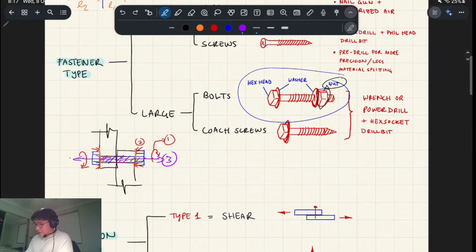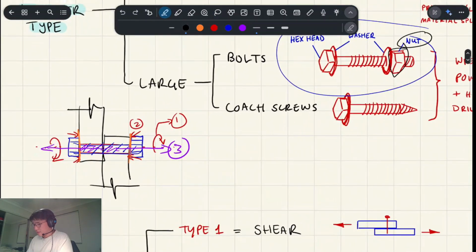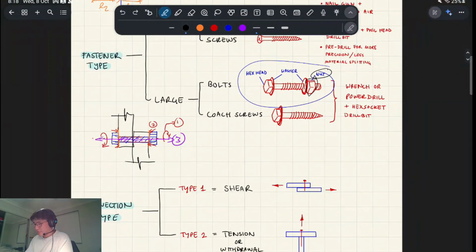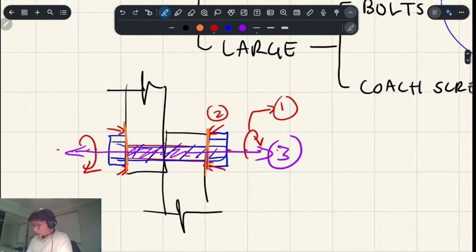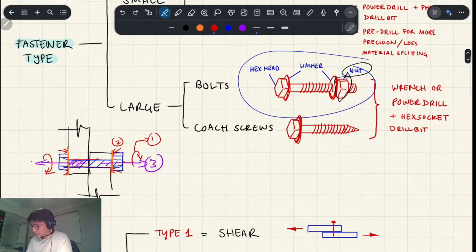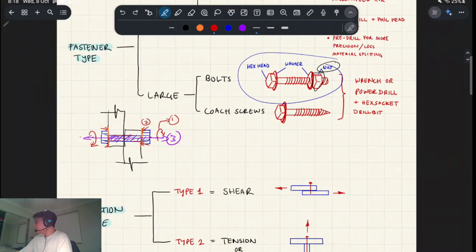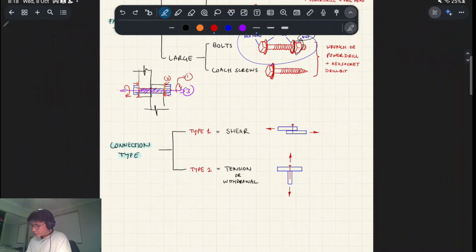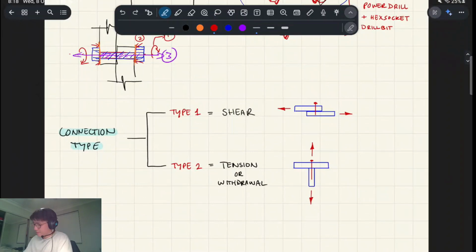There's quite a few things that go onto a bolt, but essentially it's physically anchored in place. There's an anchor on either side, which is your nut essentially. Okay, I'm going to move on because I don't see anyone typing in the chat.